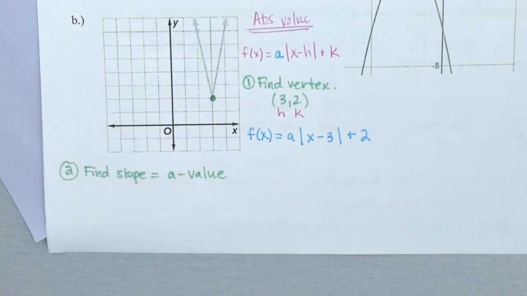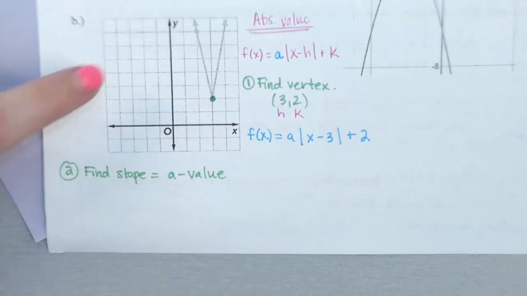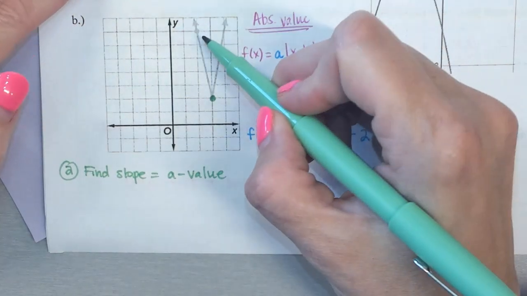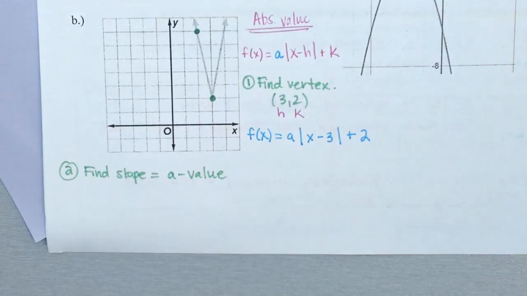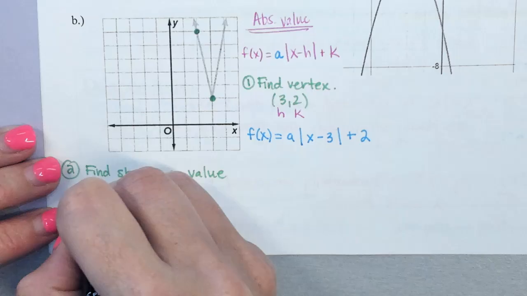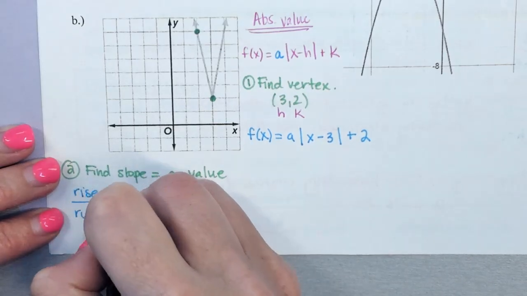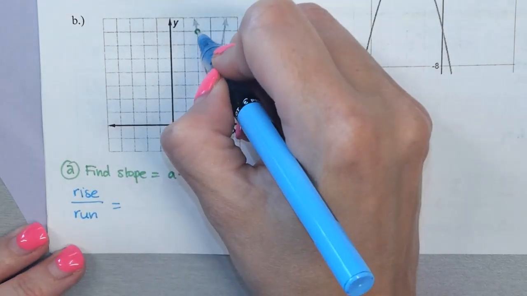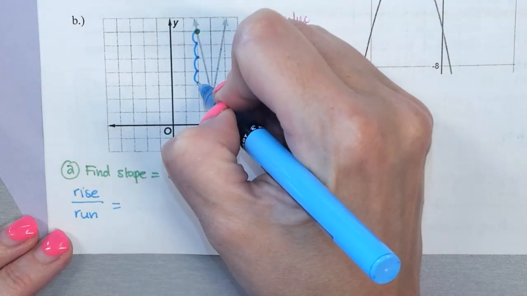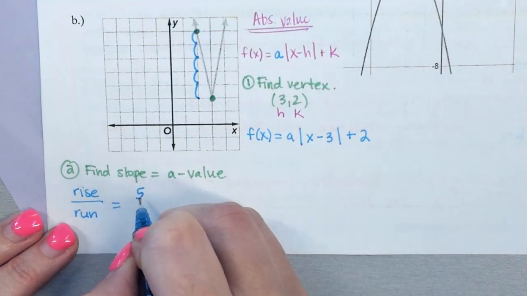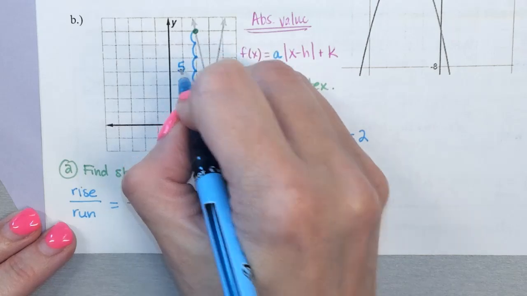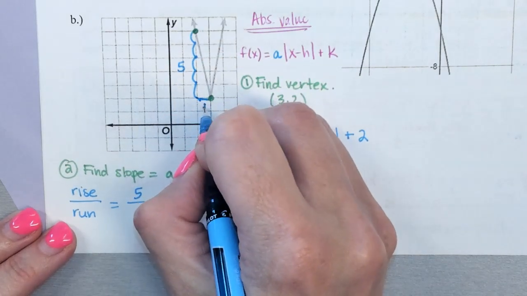We're going to talk about that in a moment. So do you guys see how they have this point marked off for you here? Okay, we're going to do the rise over the run. Okay, and we're just going to count. So this would be 1, 2, 3, 4, 5. Okay, and then it's going to be 1 unit over.